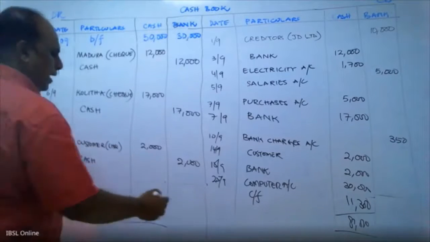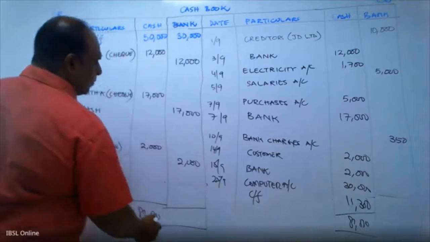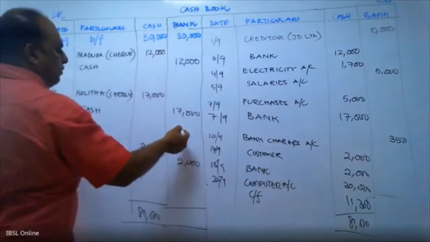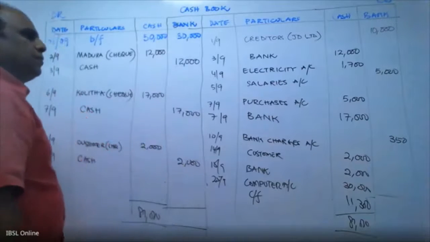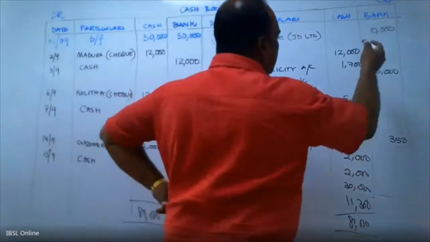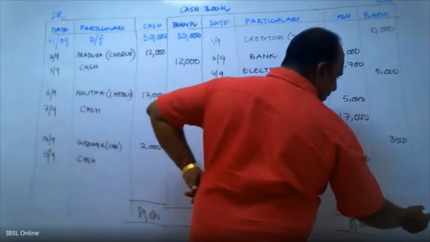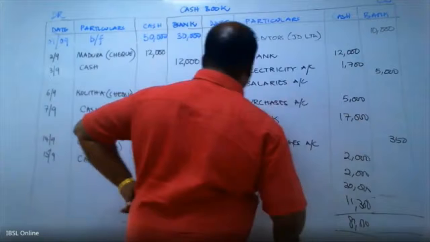Now we balance the bank account. 30, 42, 59, 61. And there 15,350. So again, you have to have a carry forward balance.